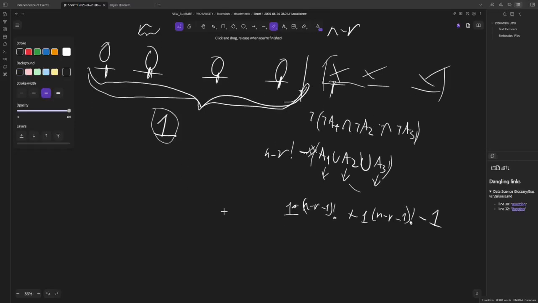So now I have that n minus r factorial, which has all the possible ways to arrange this, minus 2 times n minus r minus 1 factorial minus 1, so plus 1, over n factorial.